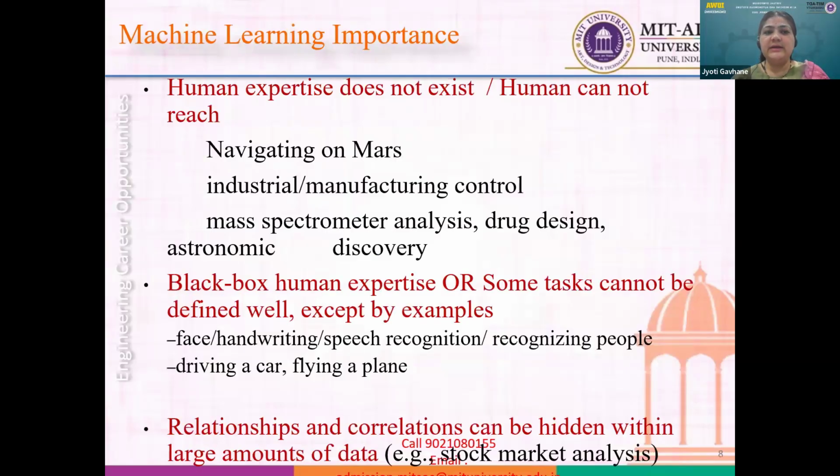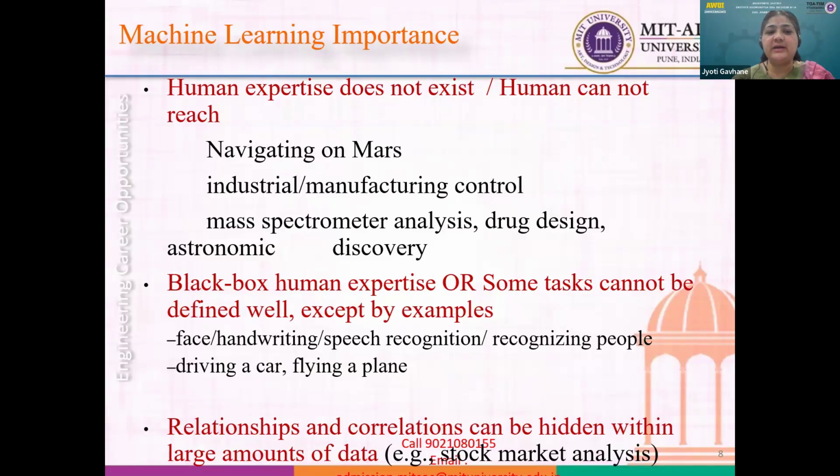Now, what is the need of machine intelligence? It is not just that human expertise does not exist. It is where humans cannot reach that we are implementing or embedding AI systems.